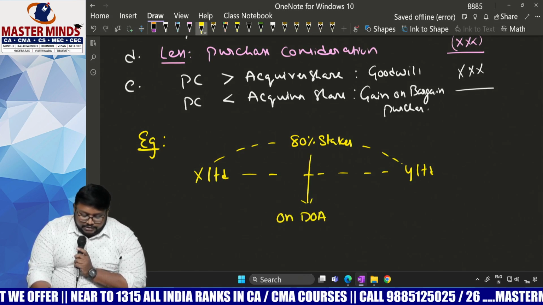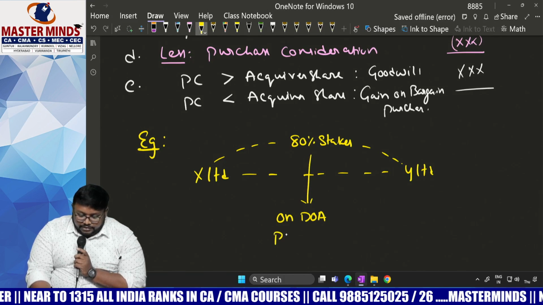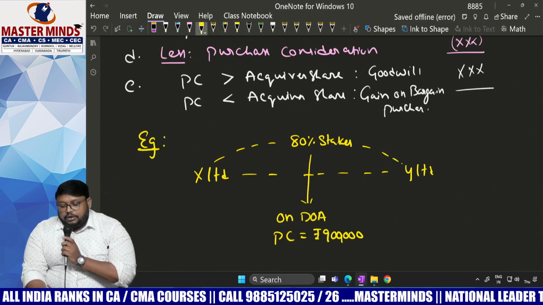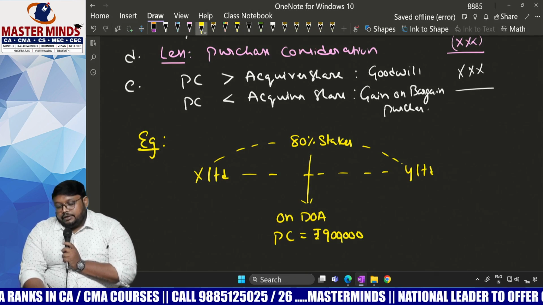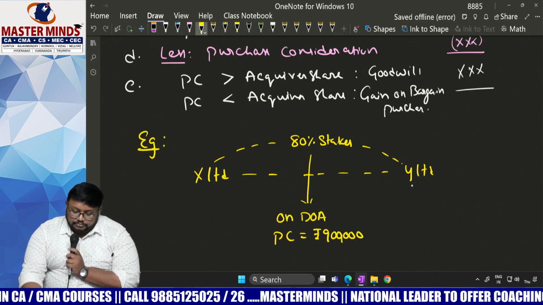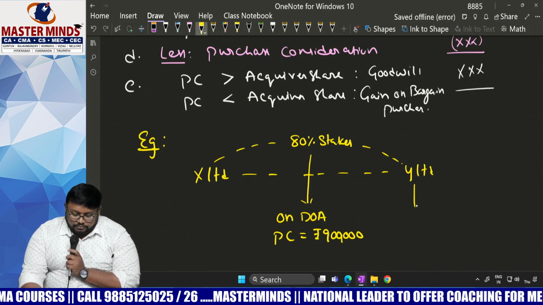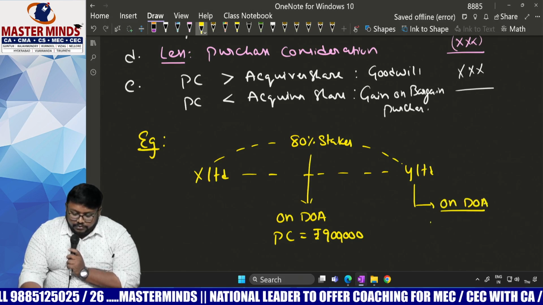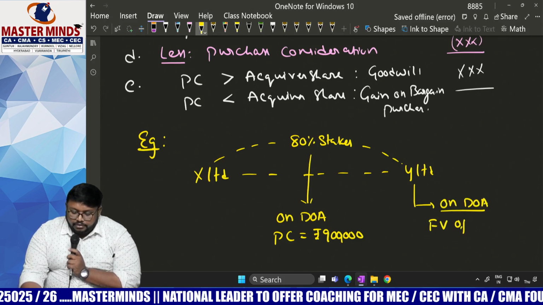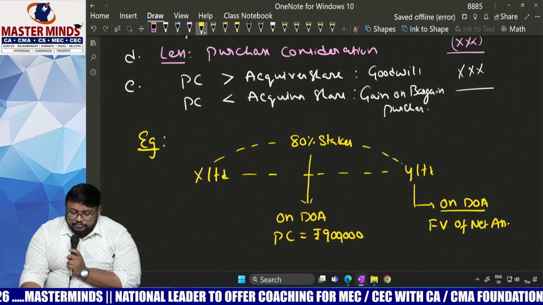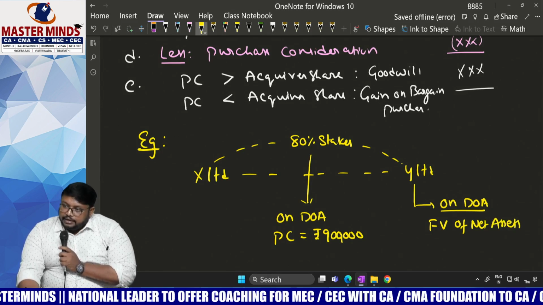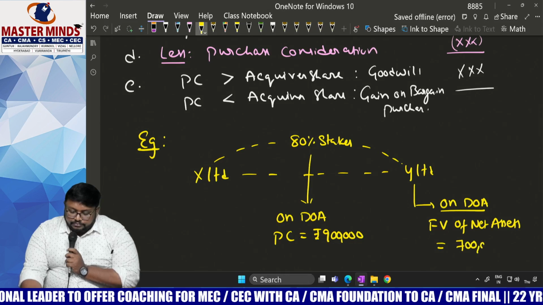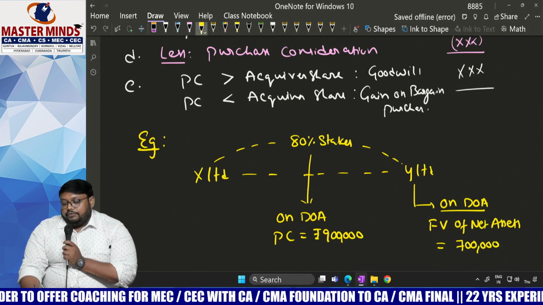On date of acquisition, purchase consideration is 9 lakhs. On date of acquisition, fair value of net assets. Here net assets means net identifiable assets only. Fair value of net assets is 7 lakhs.